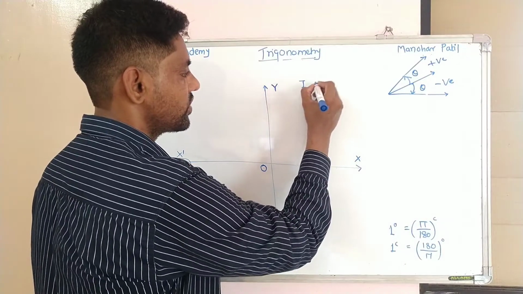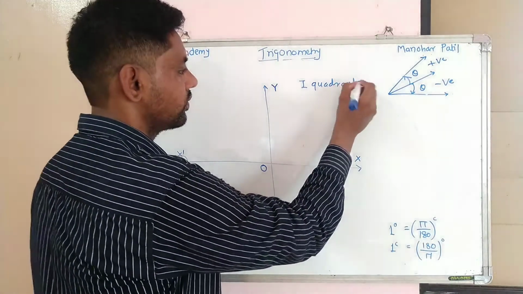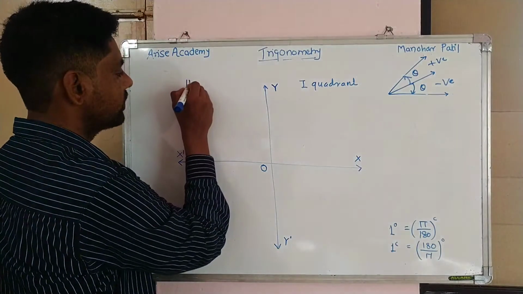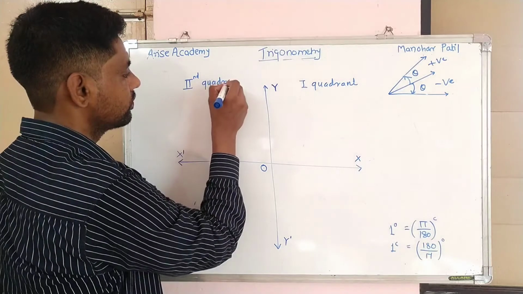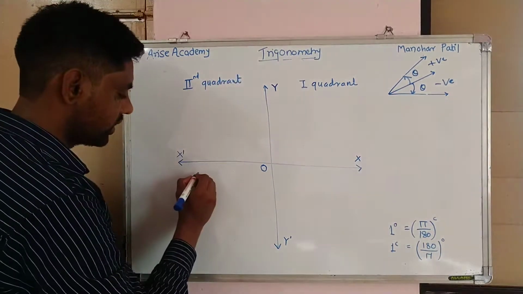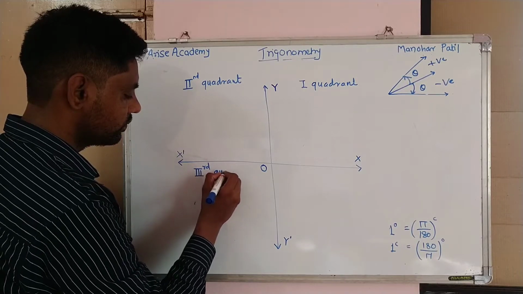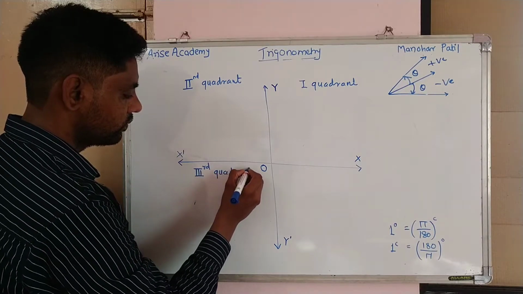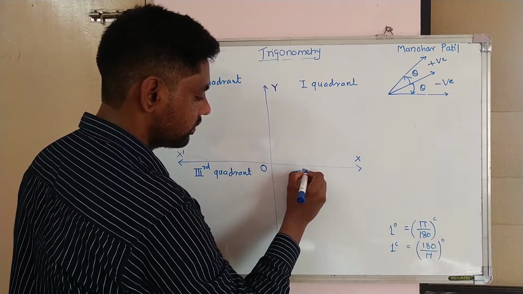This is the first quadrant, this is the second quadrant, this is the third quadrant, and the last one is the fourth quadrant.